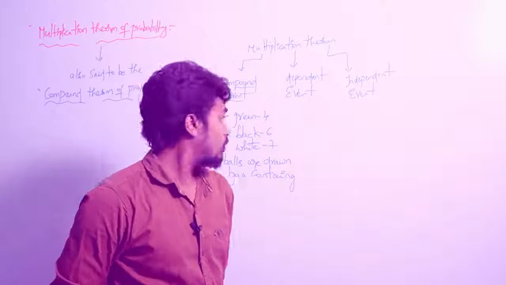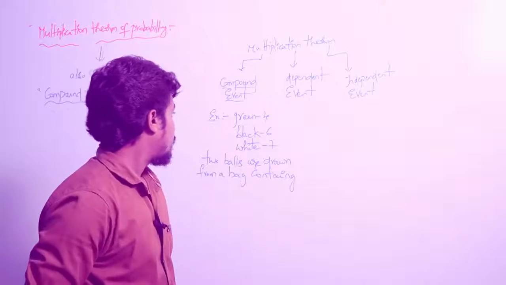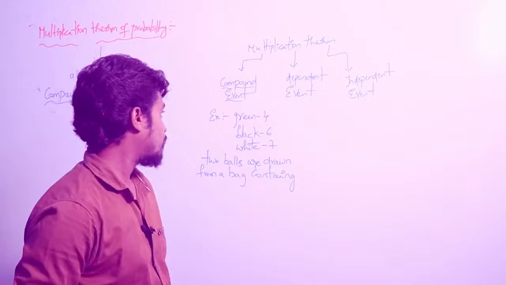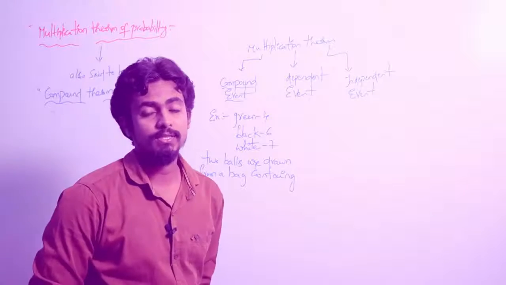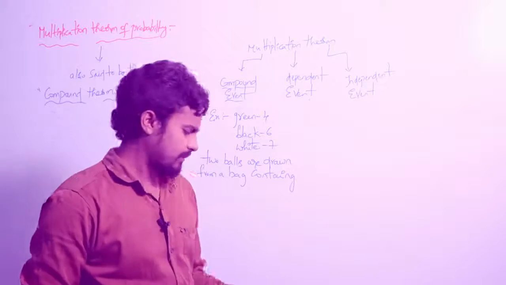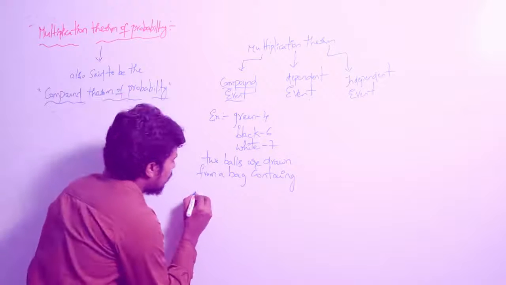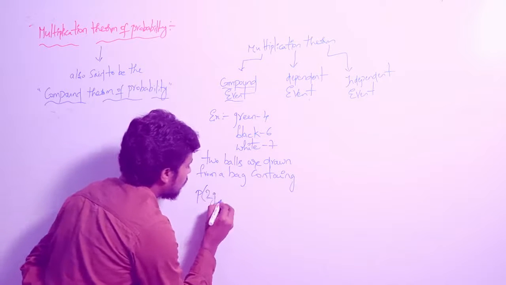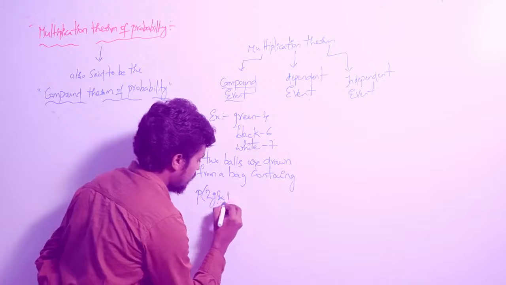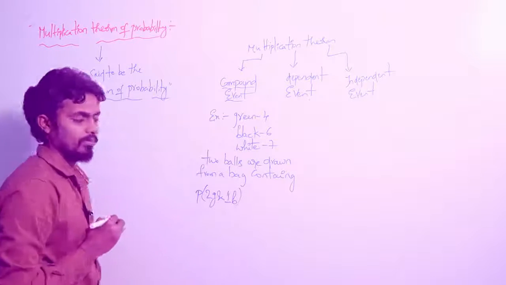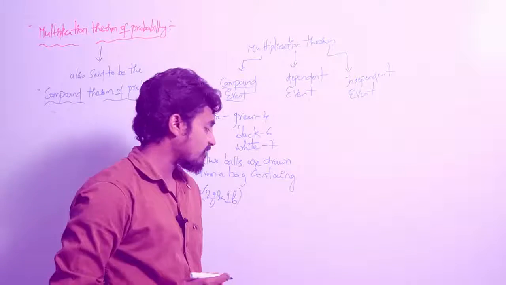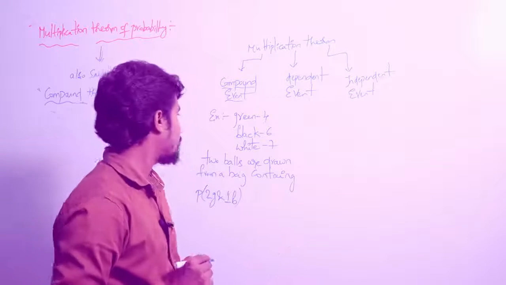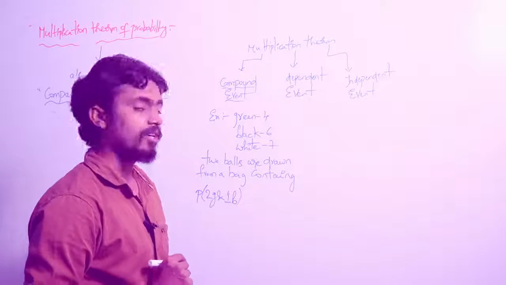Let's see, if you want to take green and black, or if you want to take green and white balls. Suppose I want to take the probability of two green balls and one white ball, what will be the chances of occurrence?